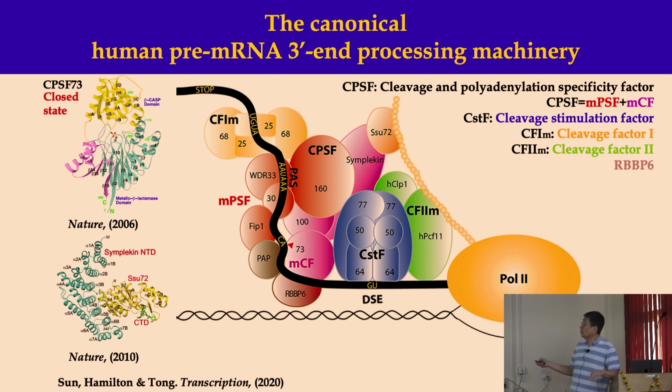So SSU72 is a CTD dephosphatase that removes the phosphate on the CTD. And it has been shown that this SSU72 can form a complex with the Symplekin N-terminal domain. That's why we determined the structure of the Symplekin N-terminal domain, which is in cyan, and SSU72, which is in yellow, and then the CTD peptide, which is shown in green.